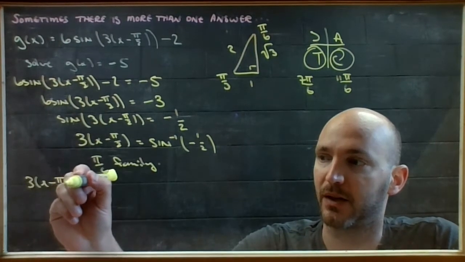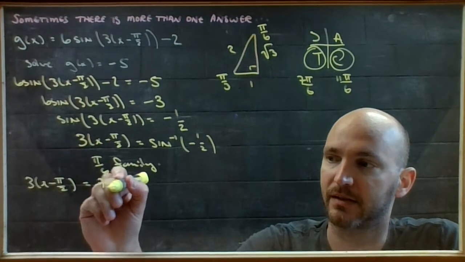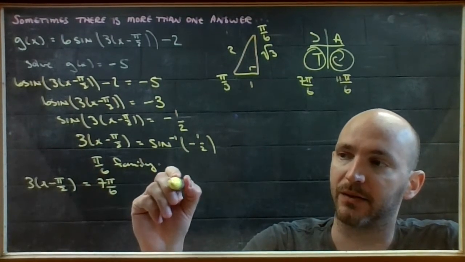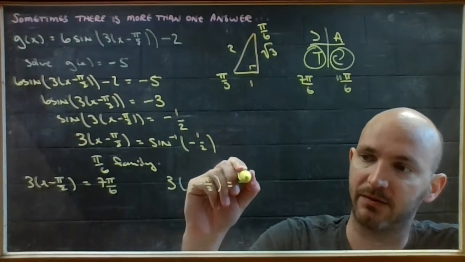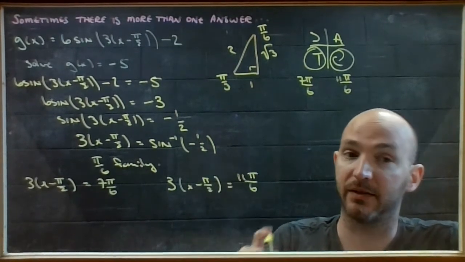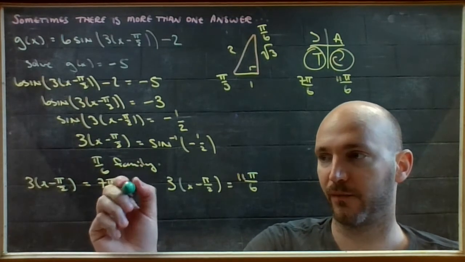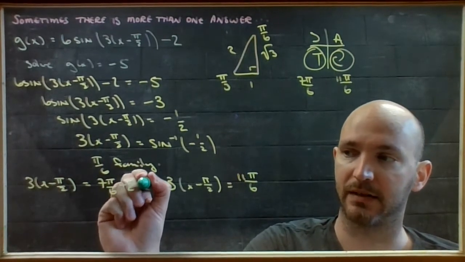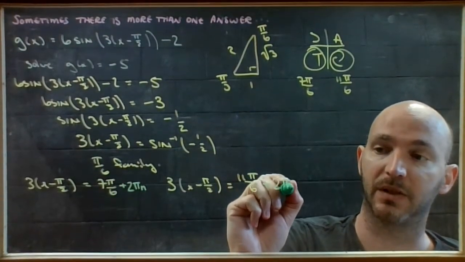3x minus pi over 2 equals 7 pi over 6, and 3x minus pi over 2 equals 11 pi over 6. And don't forget that this value can be rotated a full circle and still be a proper solution.